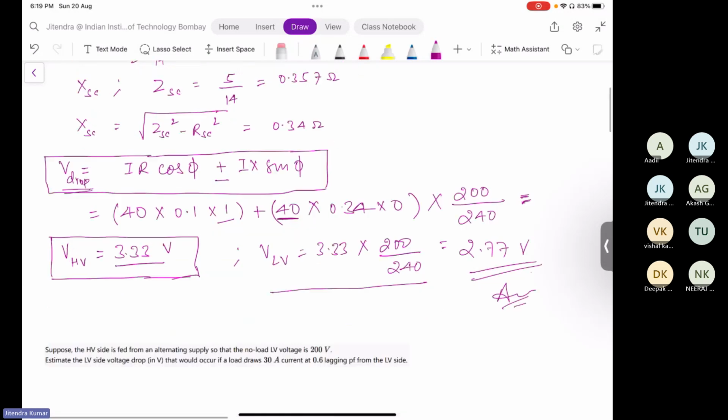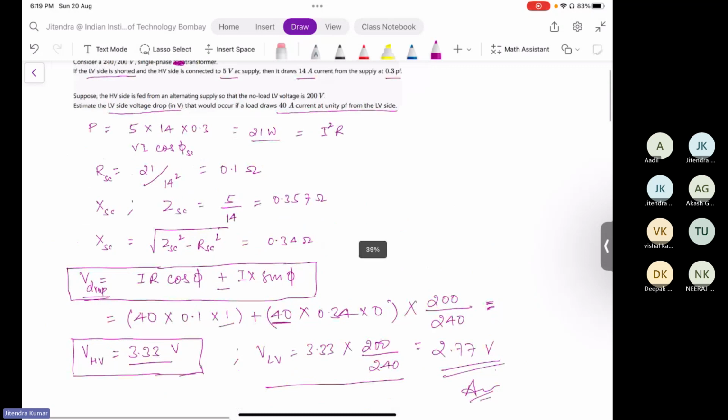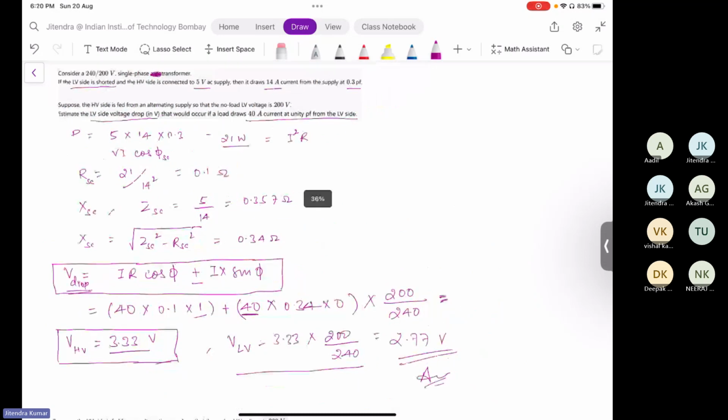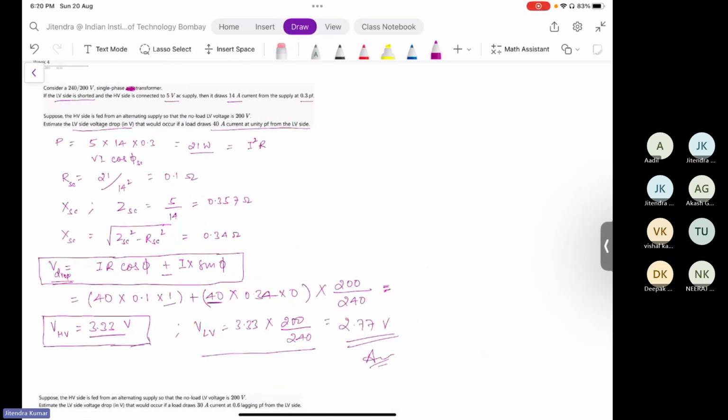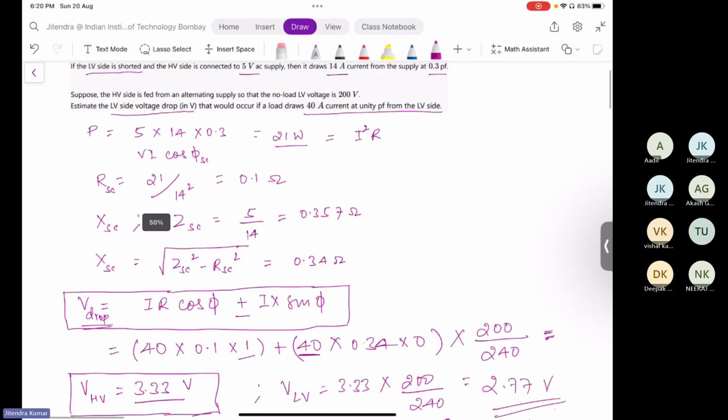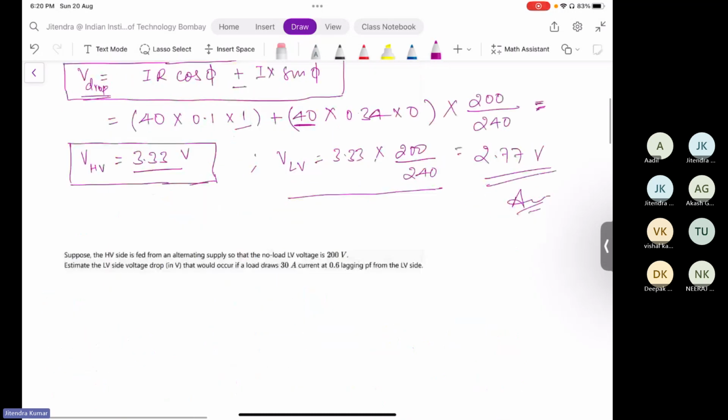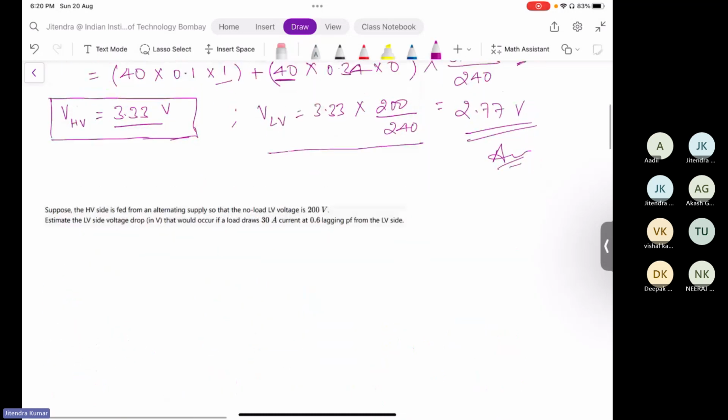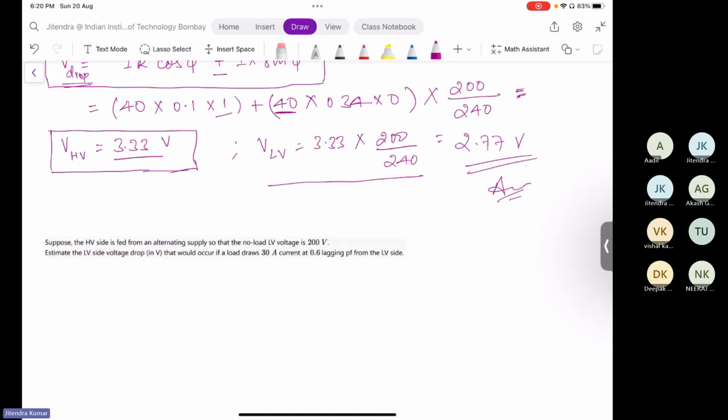Any final doubt in this part? If not, then the other condition in the next part of this problem. Now the HV side is fed from the AC supply, so the no load LV side voltage is 200 volt, as it is.